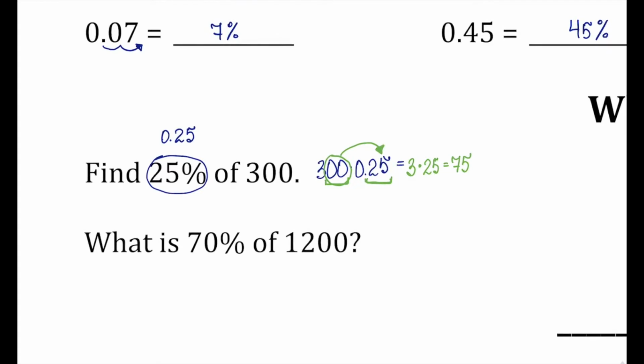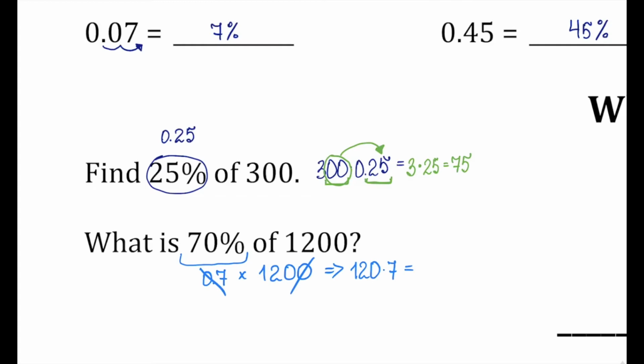What is 70% of 1200? We're going to turn this into a decimal, which is 0.7, and we'll multiply the 1200 by it. I will chip off 1 zero. I will chip off the decimal point. So that would lead me to 120 times 7.